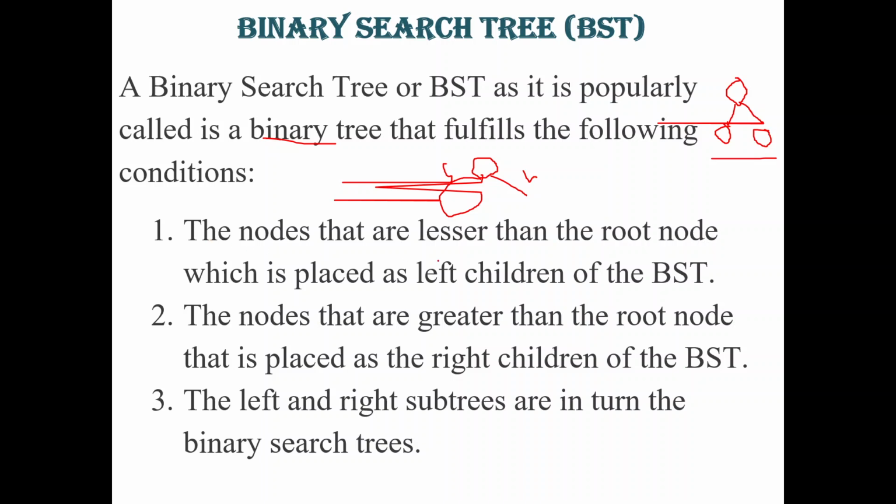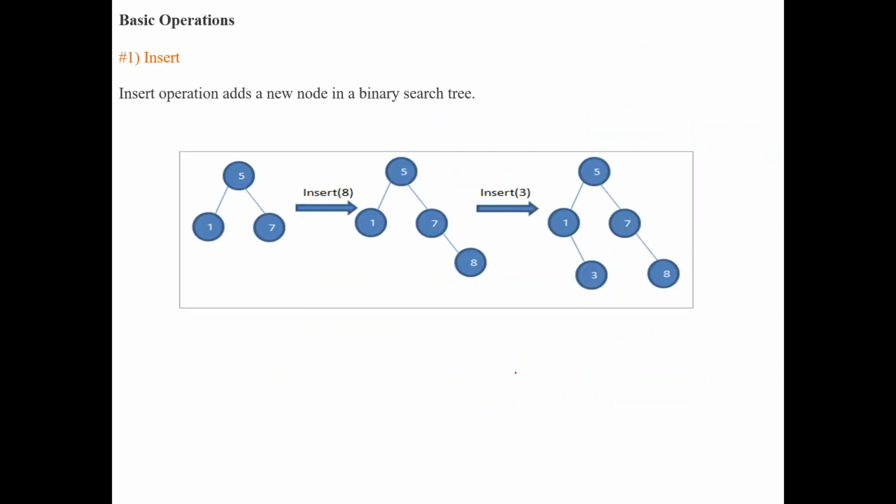The nodes that are lesser than the root node are placed as the left children of the BST. The nodes that are greater than the root node are placed as the right children of the BST. The left and right subtrees are also binary search trees. So these are the conditions that we follow in a binary search tree.